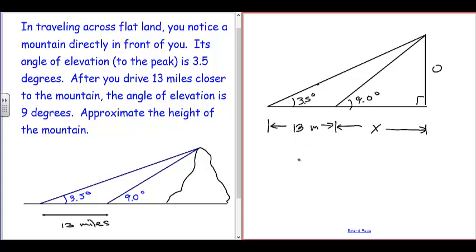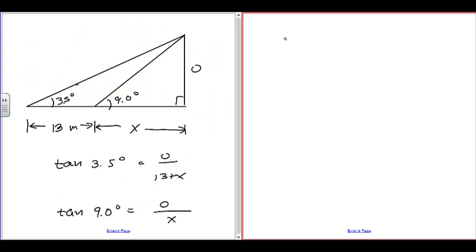So what we do is we say the tangent of 3.5 degrees is equal to the opposite over the adjacent. And then you take the second triangle, the tangent of 9 degrees is equal to the opposite over the adjacent. Now you'll have to use your calculator to figure out what these tangents are. There's no shortcut like that.